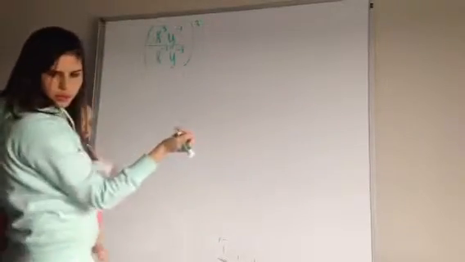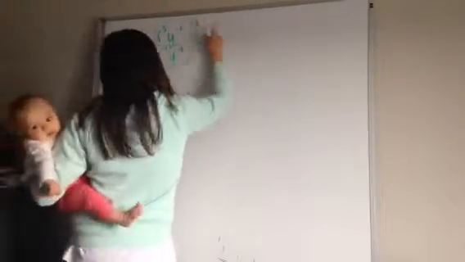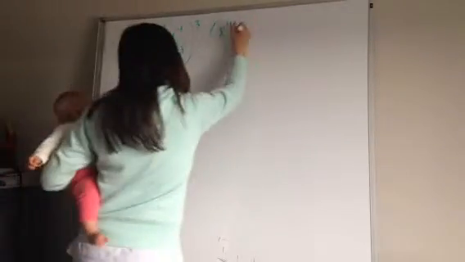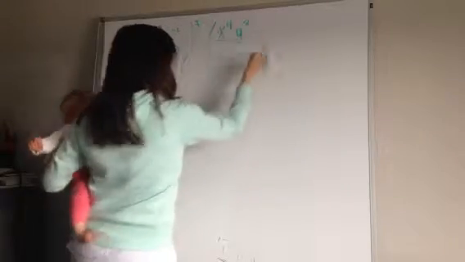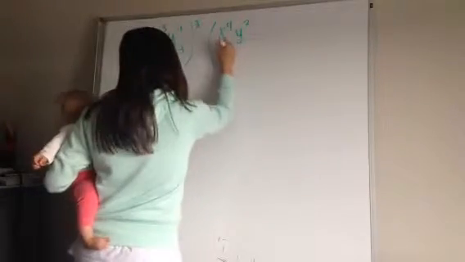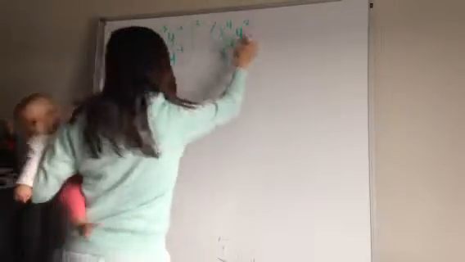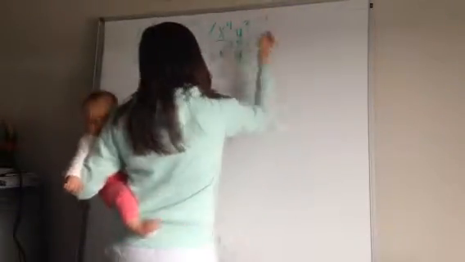And then to the third. And we have x to the fourth, y to the second, all over x to the -3rd, y to the -1, all to the 1.